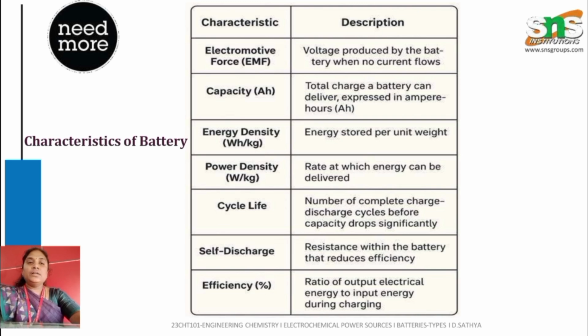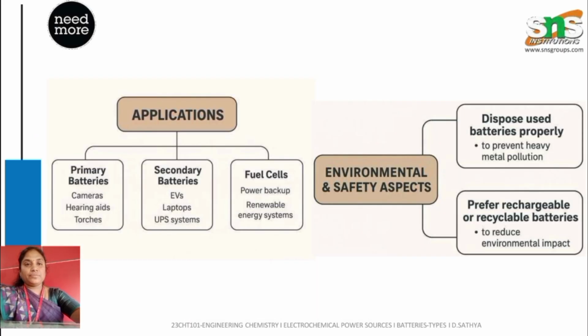The cycle life is the number of complete charge and discharge cycles before the capacity drops significantly. The internal resistance within the battery reduces the efficiency. Then the self-discharge of the batteries. And also the efficiency is the ratio of output electrical energy to the input energy during charging.